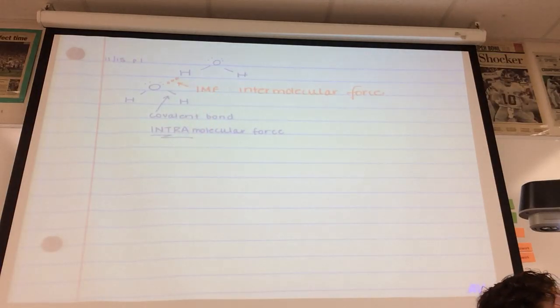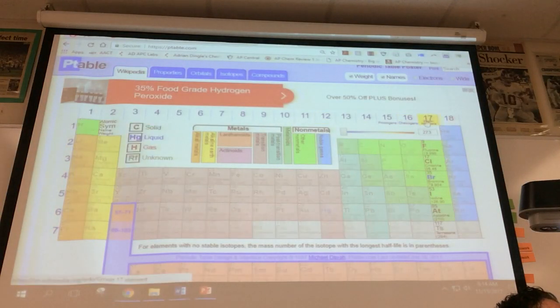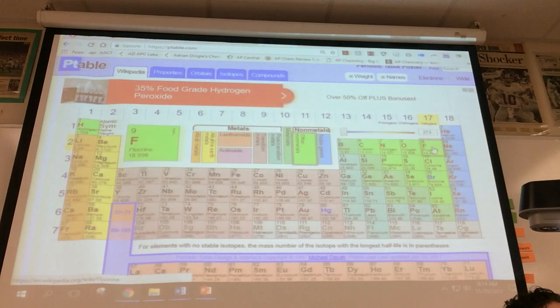And if you look at the periodic table shown here, group 17, you know, as your halogen family. In this group, you have gases at room temperature, a liquid at room temperature, and a solid at room temperature.